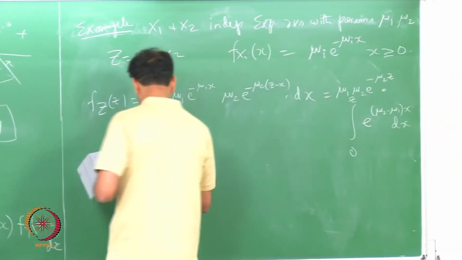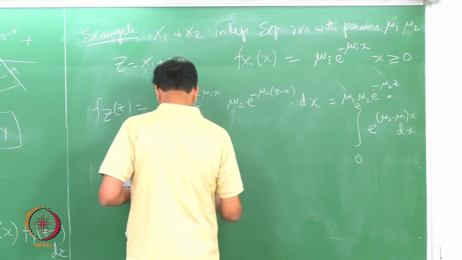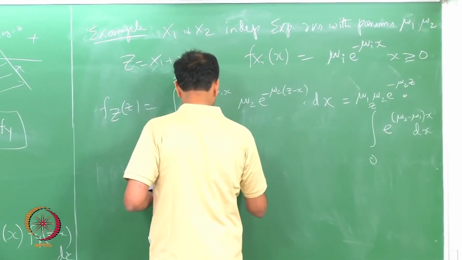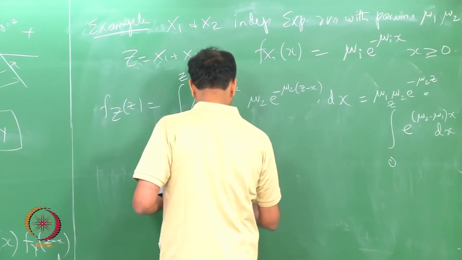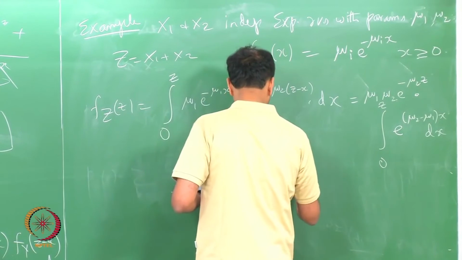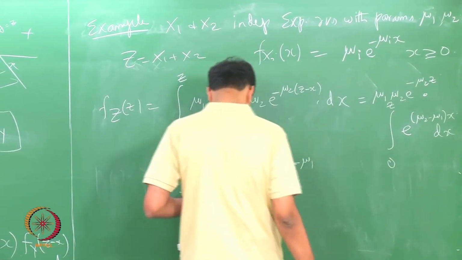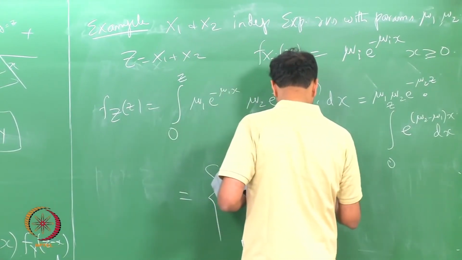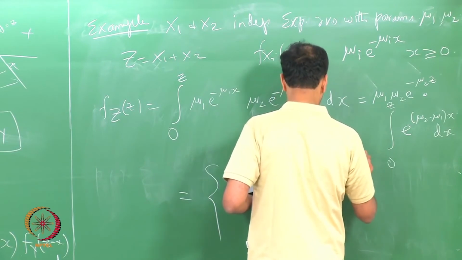So, this will be equal to mu 1 mu 2 by (mu 2 minus mu 1) times (e power minus mu 1 z minus e power minus mu 2 z).